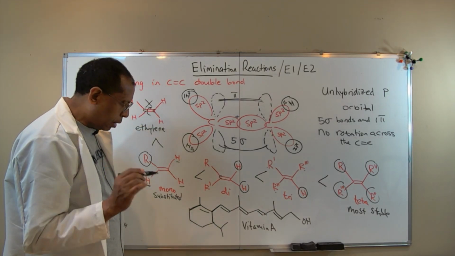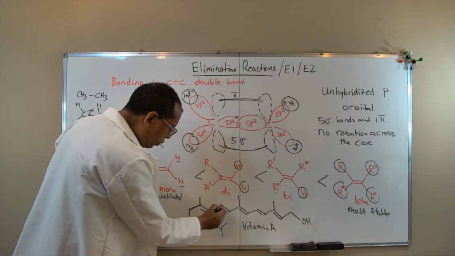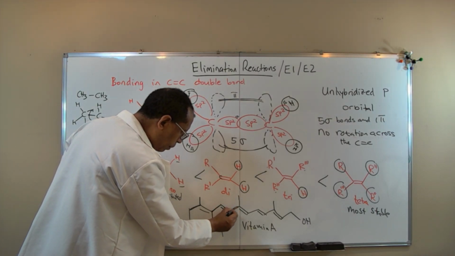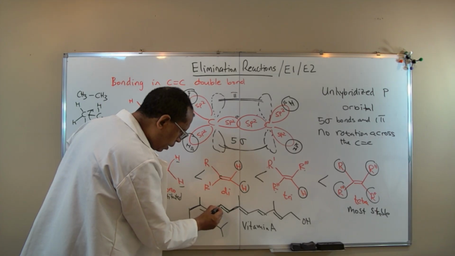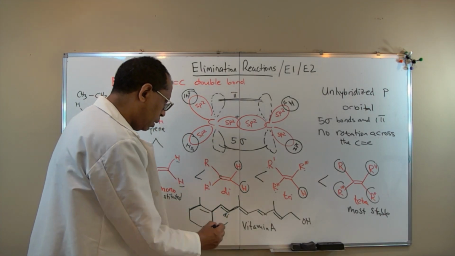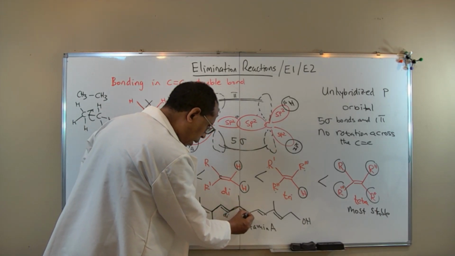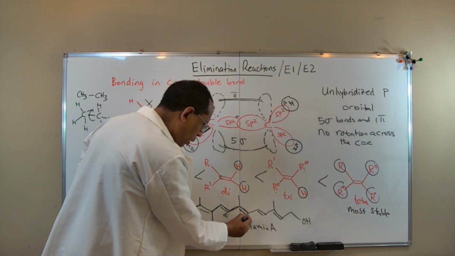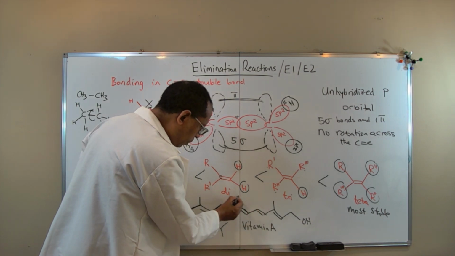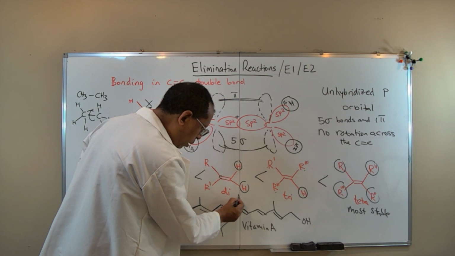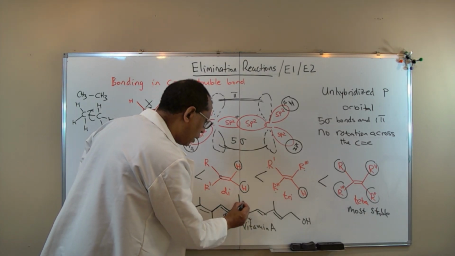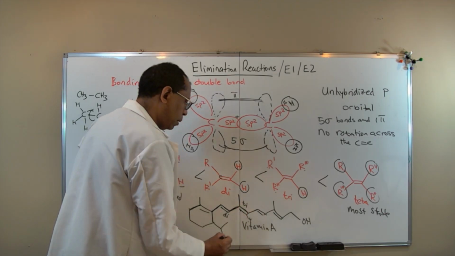If you just look at this alkyl, there is an alkyl here and an alkyl here, so this is di-substituted. If you just look at this alkene right here, it has one alkyl here, another alkyl, which is a methyl group here, but only one hydrogen here. So this is a tri-substituted alkene.